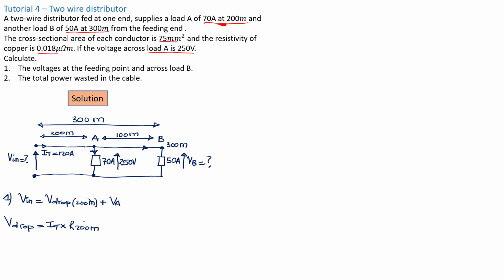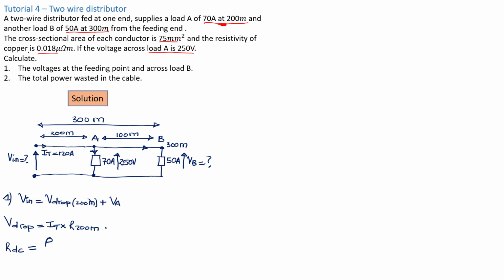Now, what is R 200 meters? We can use the RDC, the DC resistance, so that we can find the resistance of this cable, because this is a DC distributor. So RDC is going to be equal to rho here, which is the resistivity of the material that's being used here. We know that it's copper cable.